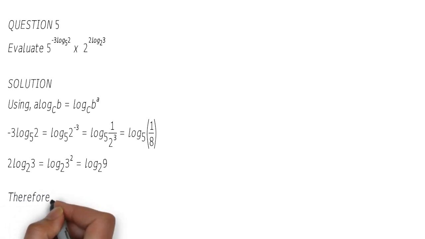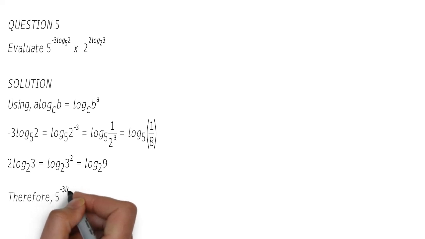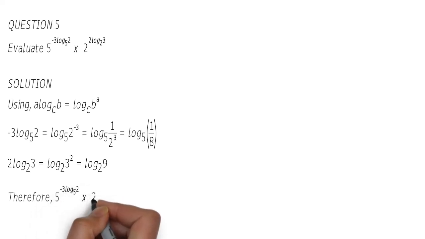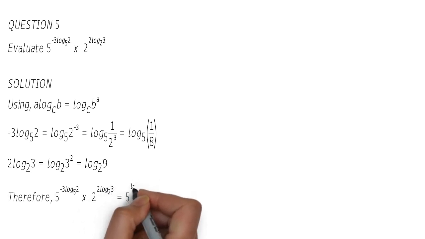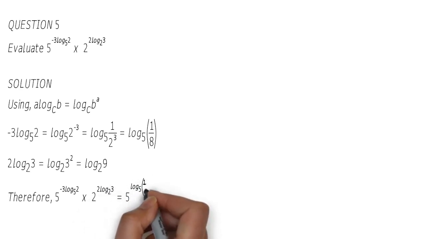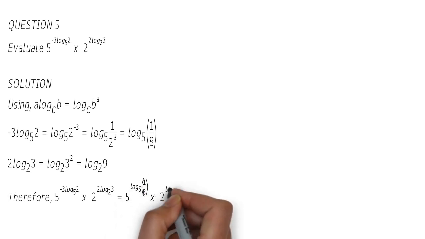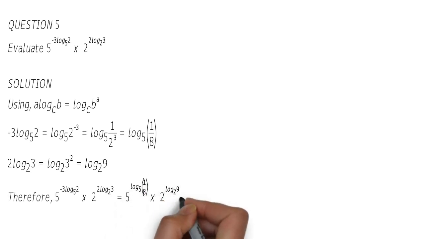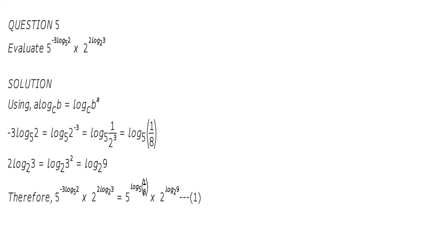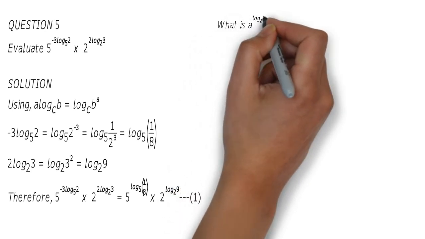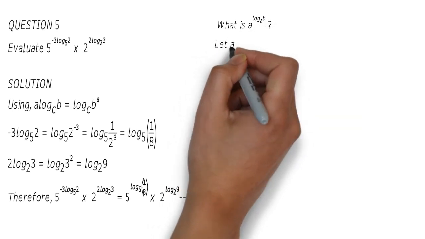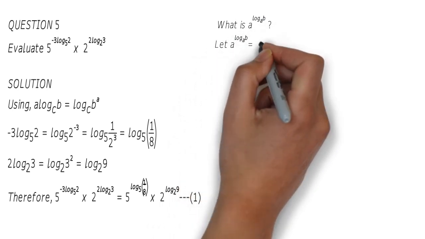Now, having evaluated these two expressions, putting them together, our expression equals 5 raised to power log 1 over 8 to base 5 multiplied by 2 raised to power log 9 to base 2. So how do we proceed from here? What is the value of the expression a raised to power log b to base a?